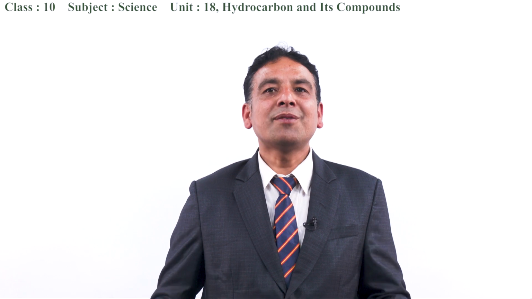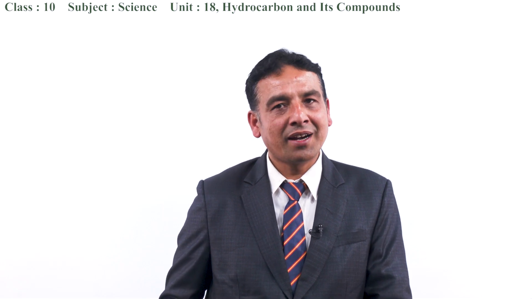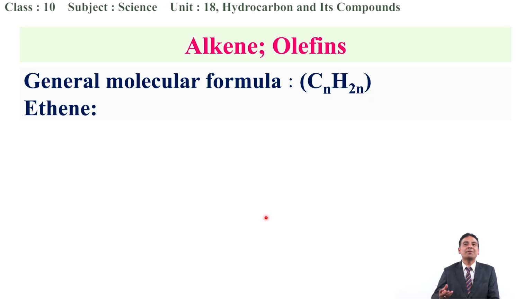The hydrocarbons which are bonded with double bonds are called alkenes. As you have learned about the alkanes, they are the single bonded hydrocarbons. The double bonded hydrocarbons are called alkenes. This is also known as olefins.